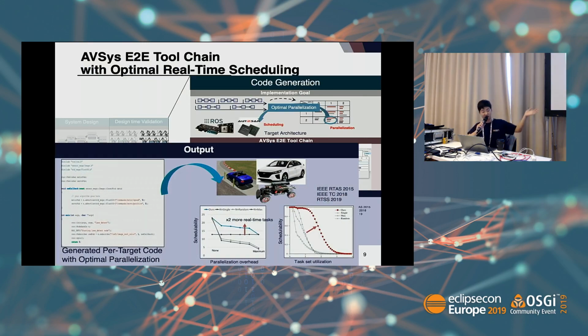As you can see, we proposed some papers at RTAS, TC, and RTSS. We can get double the schedulability for real-time tasks, or a 50% upward improvement in task utilization, with this optimal parallelization method.